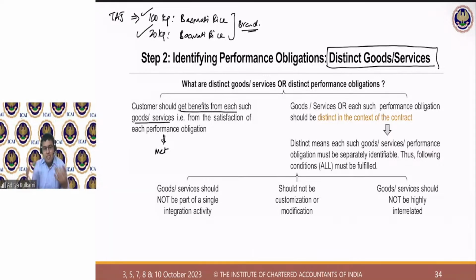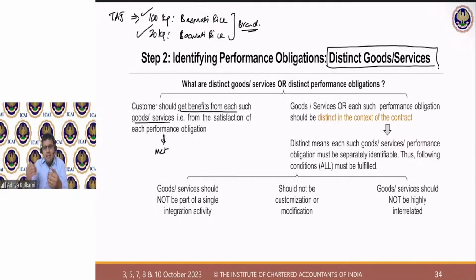So this is the first understanding that you have to take away from here, that customer should be benefited from each such goods and services. So we started off with what? We started off with totally different items. We started with green peas. We started with oranges. Then we came to same category but different class of goods like basmati rice and Sona Masuri rice. And finally, we came to the same category of goods.